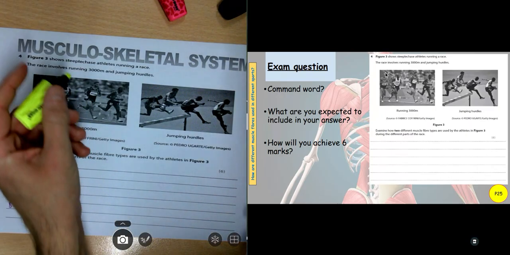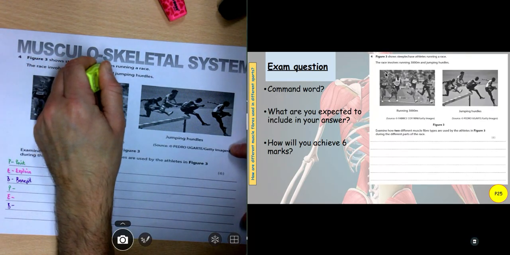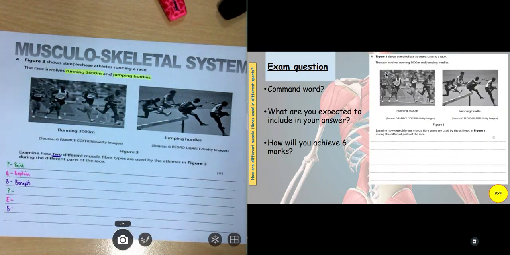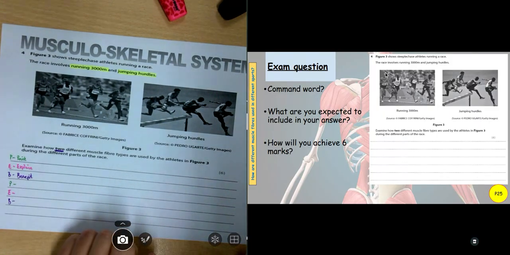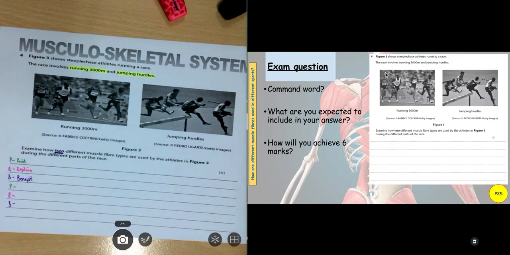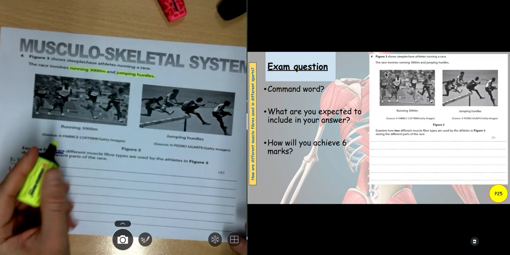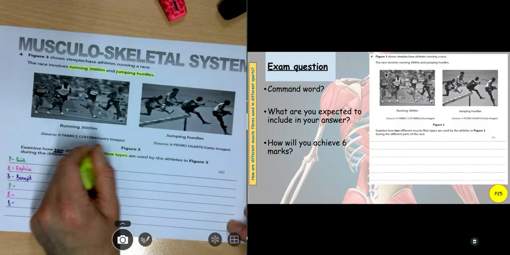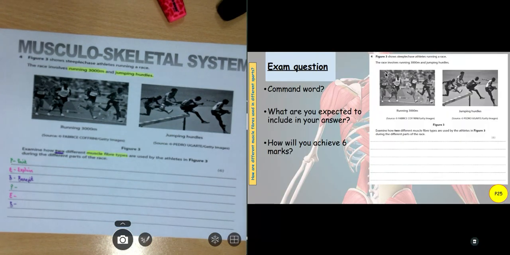If we don't know what steeplechase is, it involves running 3,000 metres around a track and jumping over some very large hurdles that have been put out in the track. So it's an endurance event, but it has some hurdles that you have to jump over. So examine 2 different muscle fibre types that are used by the athletes in figure 3 during different parts of the race.